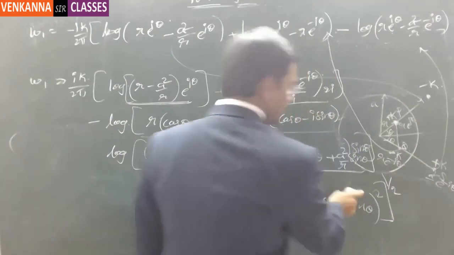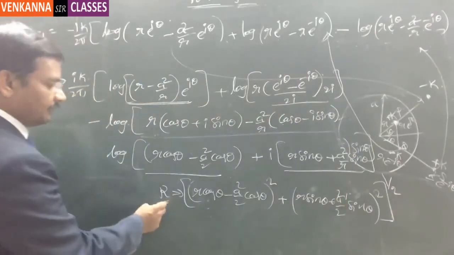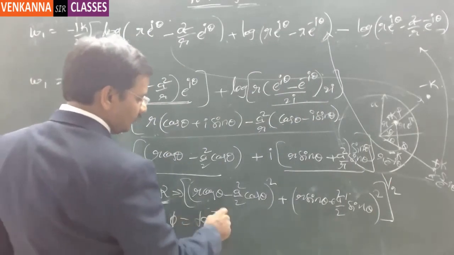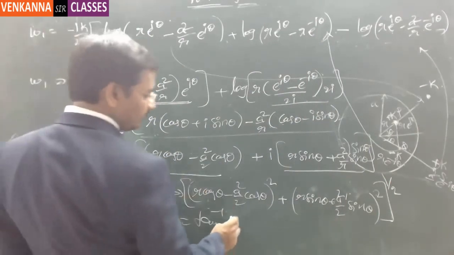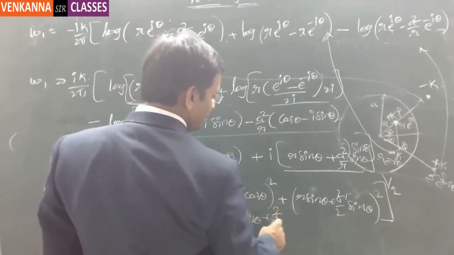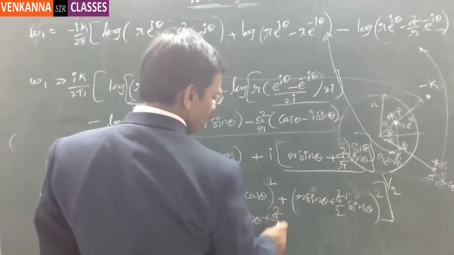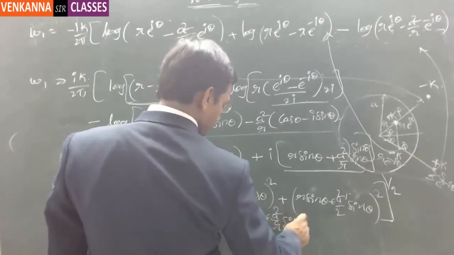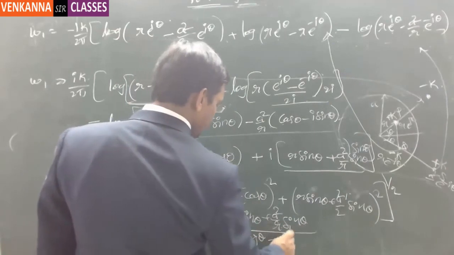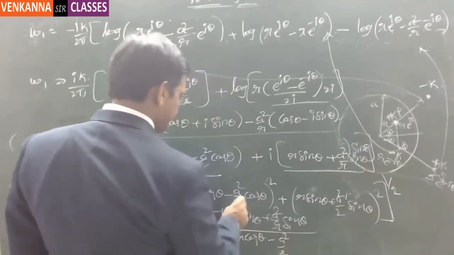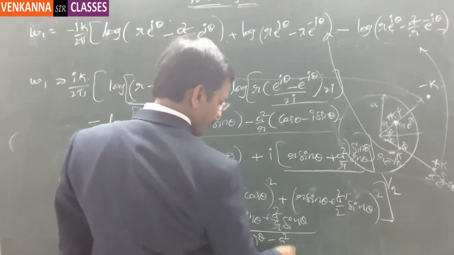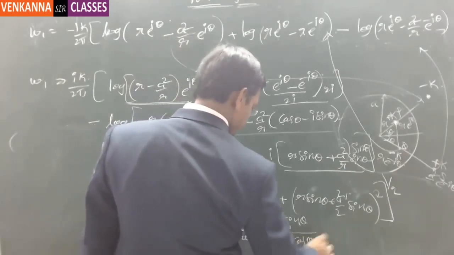So this part will be the modulus part, and the angle part phi is equal to tan inverse of the imaginary part, R sin theta plus a square by R times sin theta, divided by R cos theta minus a square by R times cos theta.